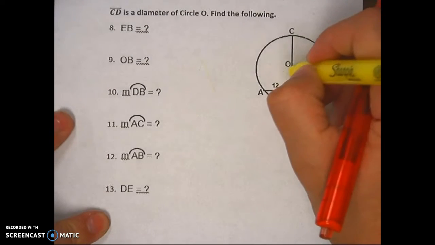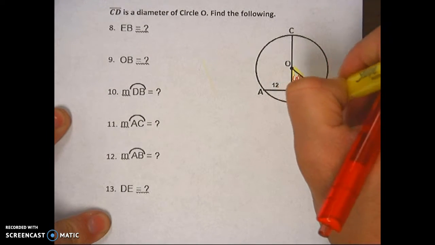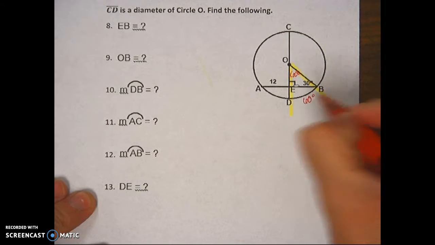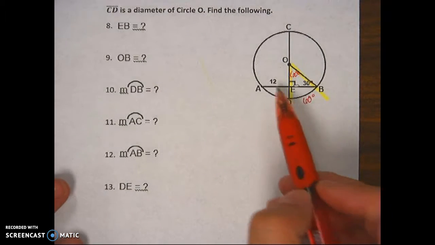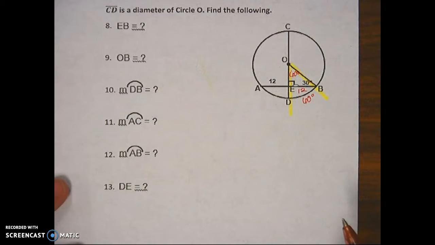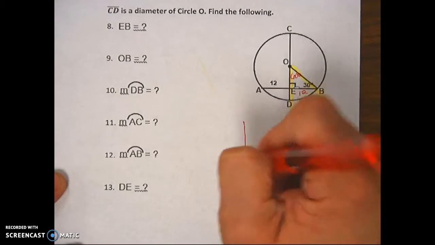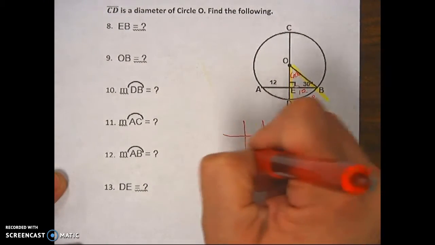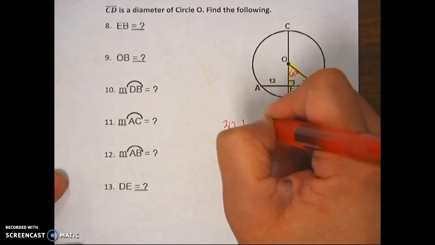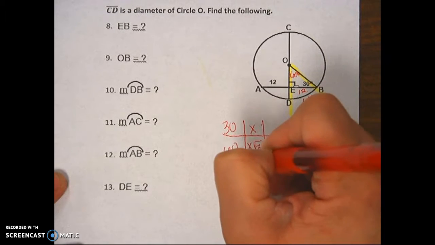That would make this arc, you see this central angle, open it up to this arc, that would make that arc 60 as well. And then we have this is 12, the other side would be 12 because it's bisected by that diameter that is perpendicular, which means I can set up a 30-60-90 triangle. So this is 30, 60, 90, x, x square root of 3, 2x.